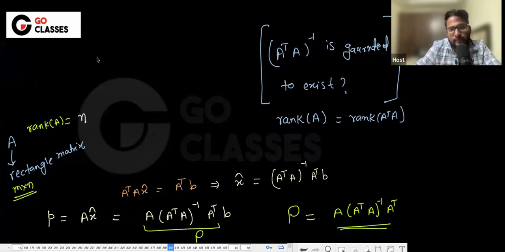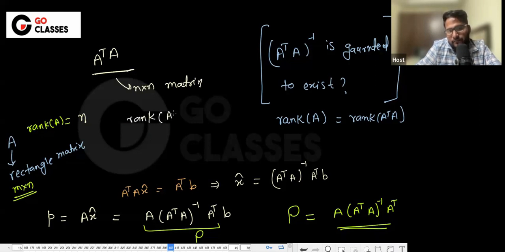A transpose A is basically an n by n matrix, and its rank and rank of A are the same, right? Its rank and rank of A are the same, isn't it? So that is why A transpose A is a full rank matrix. It is an n by n matrix, rank is n, so that is why the inverse always exists.